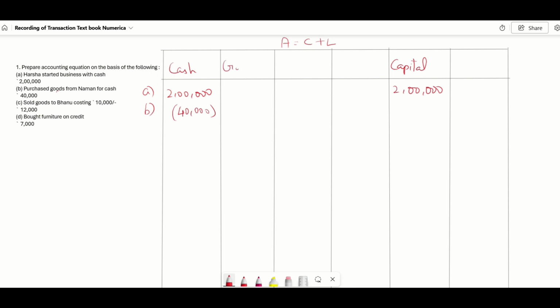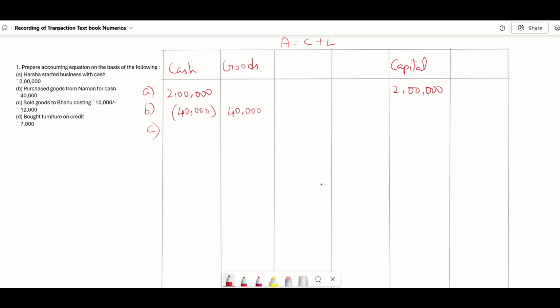For how much? 40,000. So here cash is an asset, goods is also an asset. There is a decrease in asset here and an increase in asset here, so the decrease and increase will get nullified, and again the equation is balanced.